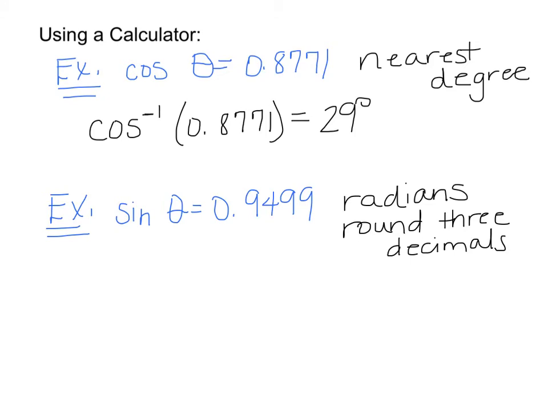So you're in radians, and now you do the sine inverse key of the value that's given, so you can find out what radian measure gave us a sine of 0.9499. So that would be 1.253.